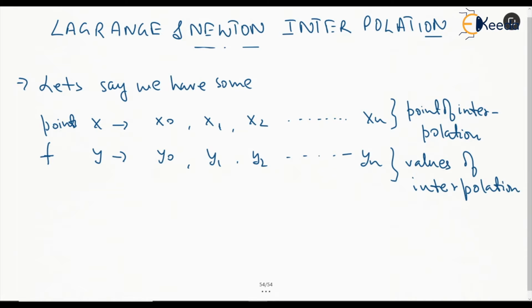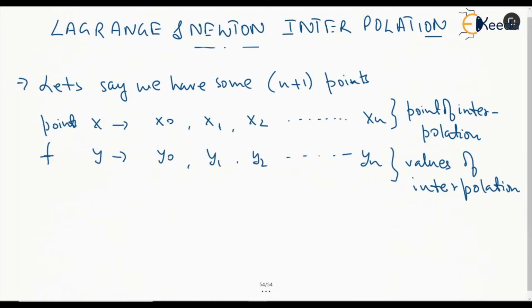Basically these are x values for which corresponding y values are present, right? So overall we have n plus 1 such points and their values also, right?